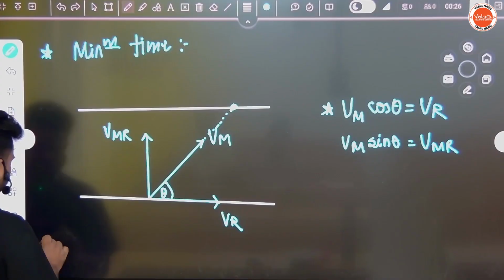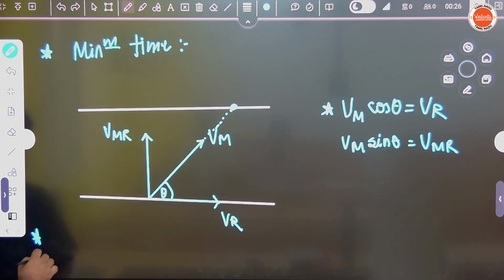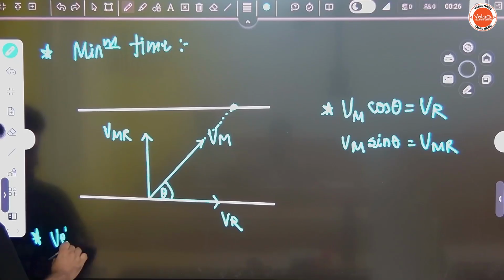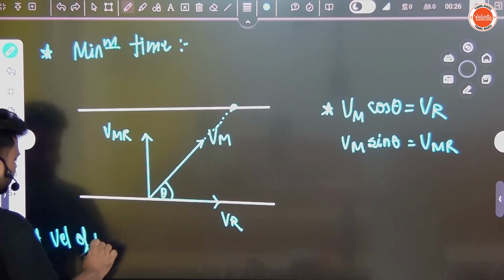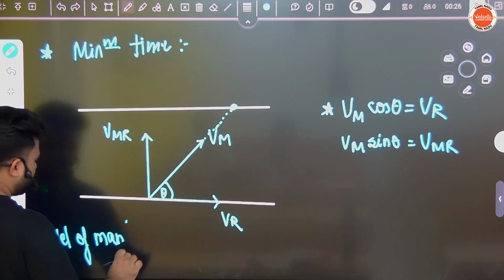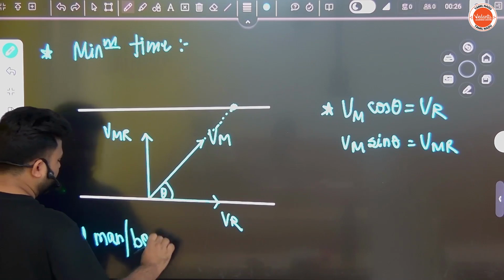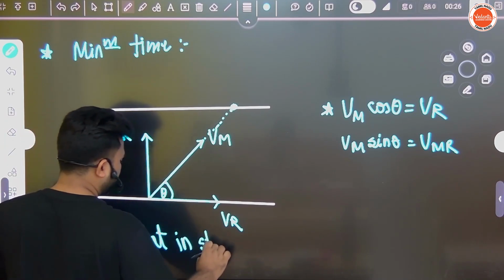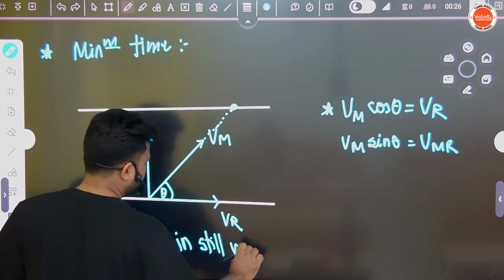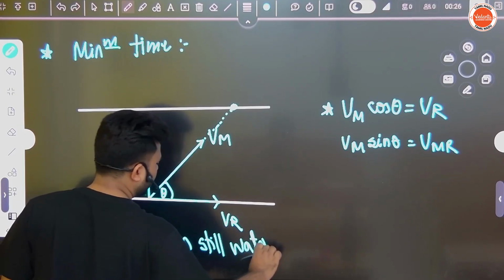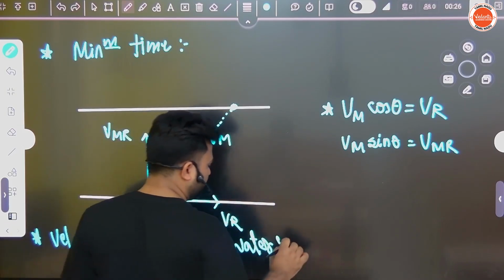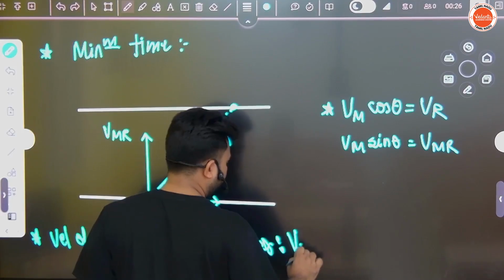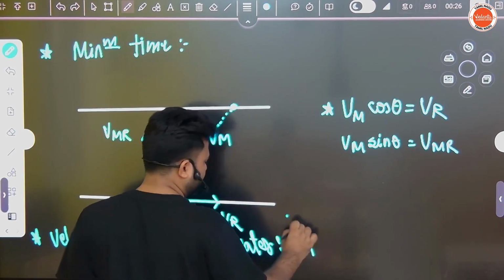See, whenever they write this statement now, that velocity of man or boat, whatever, in still water, always remember, this is not velocity of man. If you write, this will be wrong.